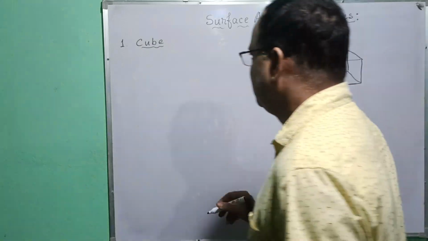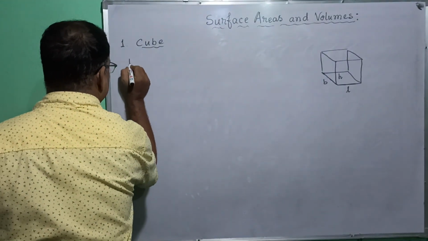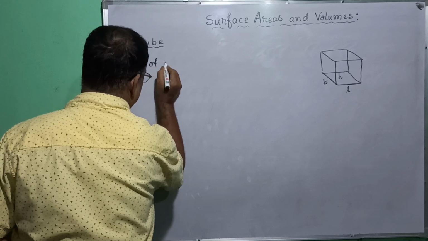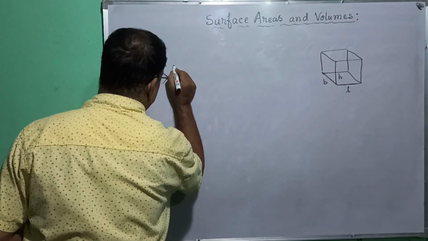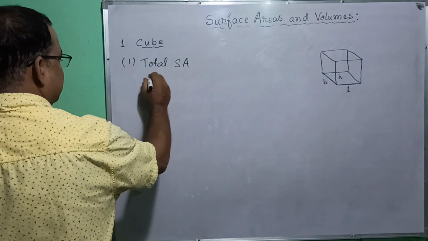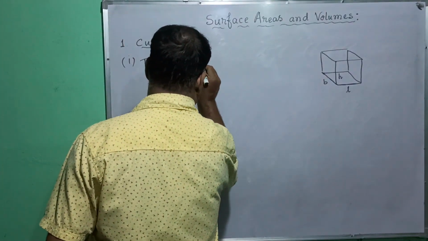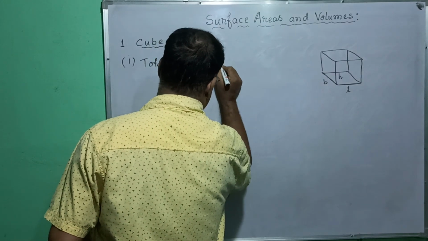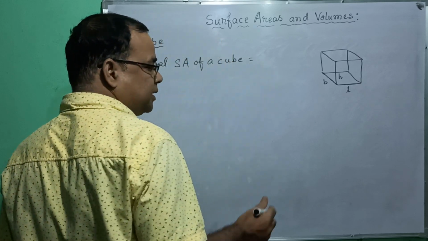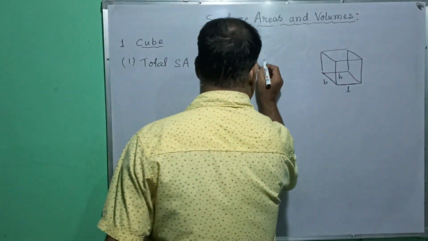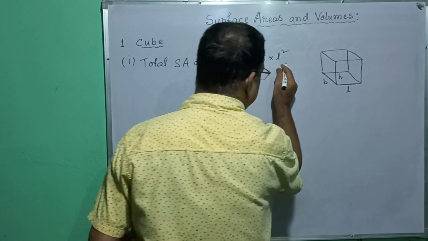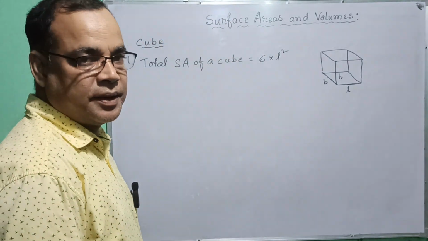So in case of number 1, we'll write total surface area of a cube equals 6 into L square, if L is the length of one side.